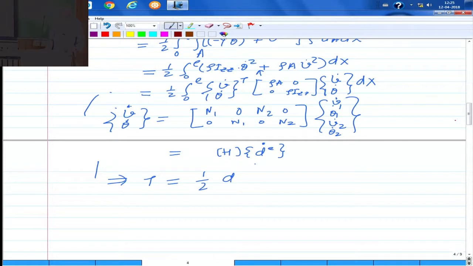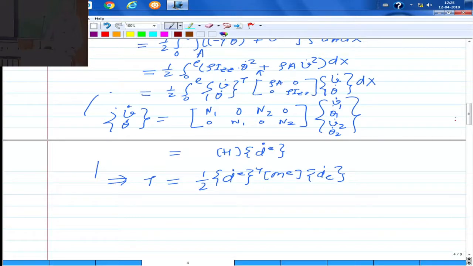I am not repeating the in-between steps: you substitute it here, take d dot transpose to the left and d dot to the right, and do the integration. So you will get d dot transpose into M^E, the element level mass matrix, into d^E dot.